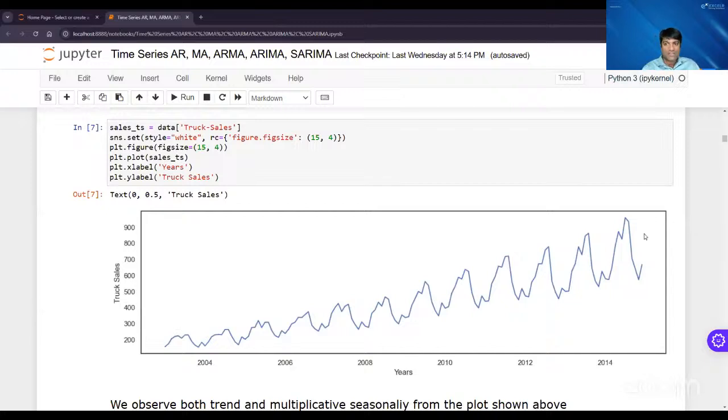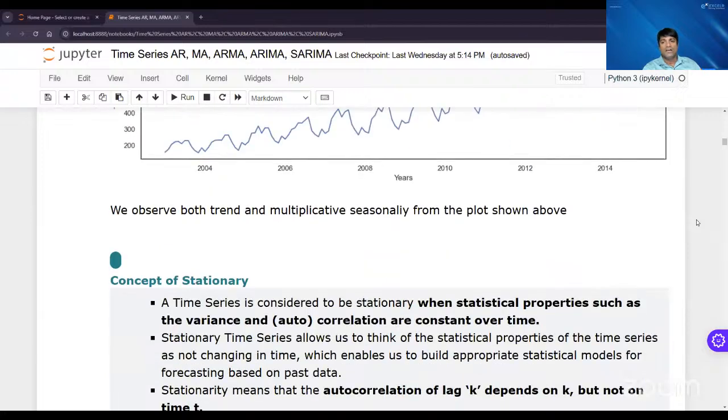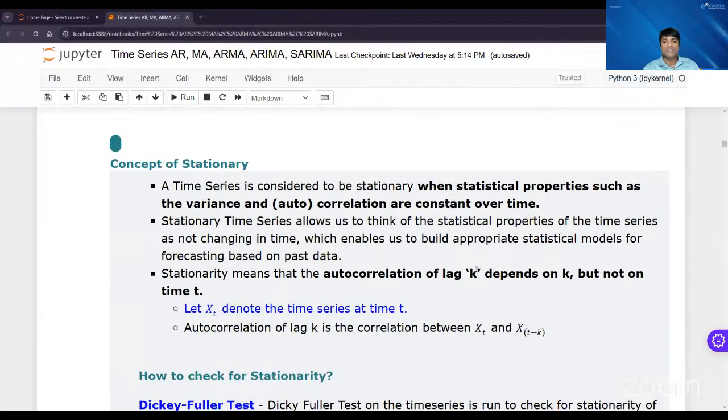I've also given a brief intro on what happens in time series data. The most important thing is the concept of stationarity and autocorrelation, and for checking stationarity we use the test called the Dickey-Fuller test.